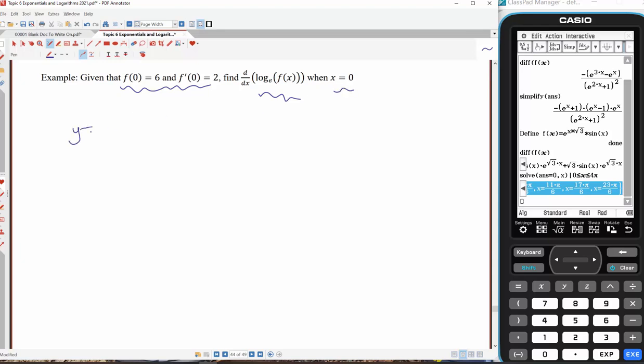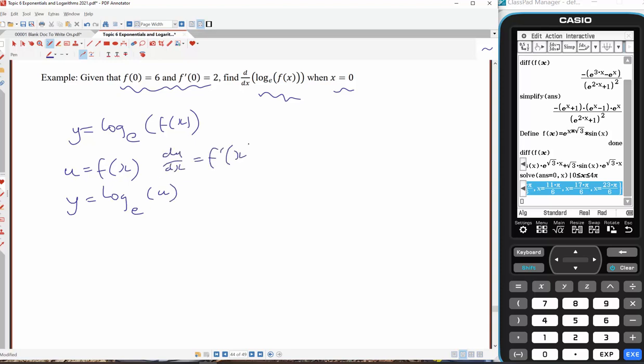Okay, so our function is y equals log e f of x. So that's our u. Our u is equal to f of x, where y is equal to log e u. du/dx equals f dash x, and dy/du is equal to 1 over u.